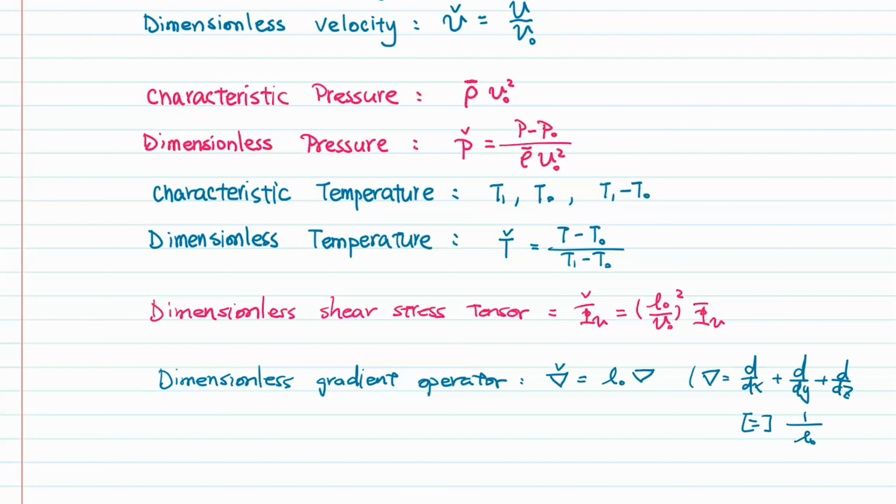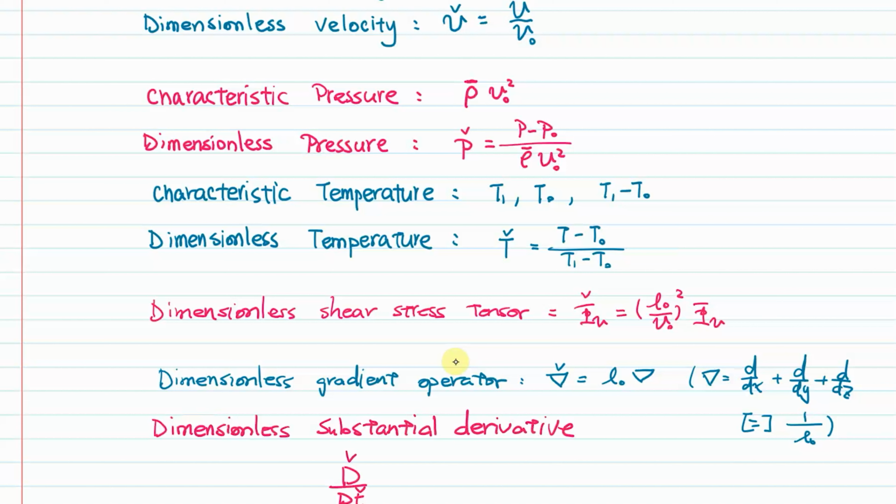So by multiplying it with L naught, you make it dimensionless. And also we will want to define the dimensionless substantial derivative. So the dimensionless substantial derivative, D over Dt, equals L naught over V naught times the substantial derivative.